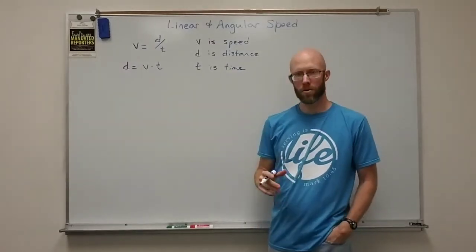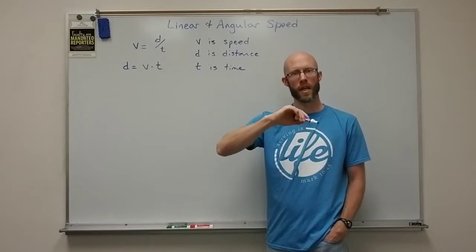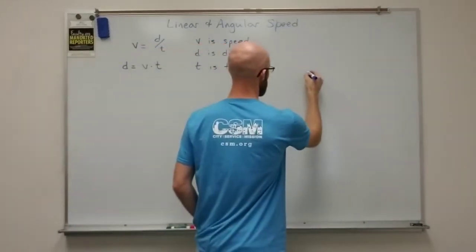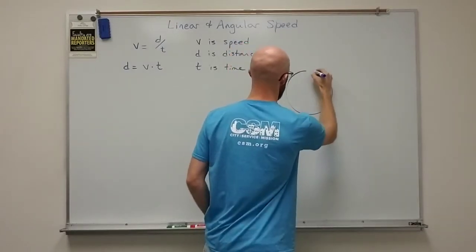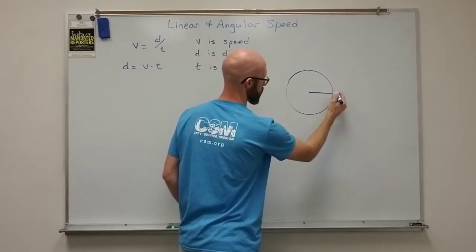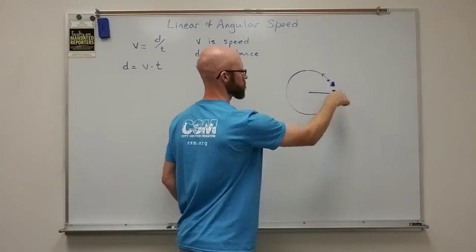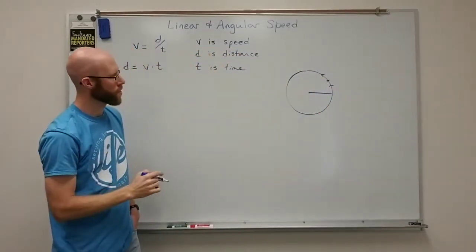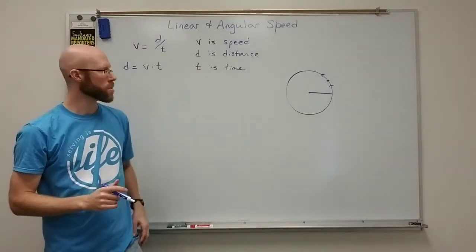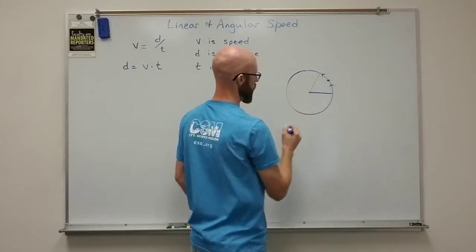Now, when you talk about an object moving in a circular path, or along a circle, then the angle at which it travels about the center determines an angular speed.